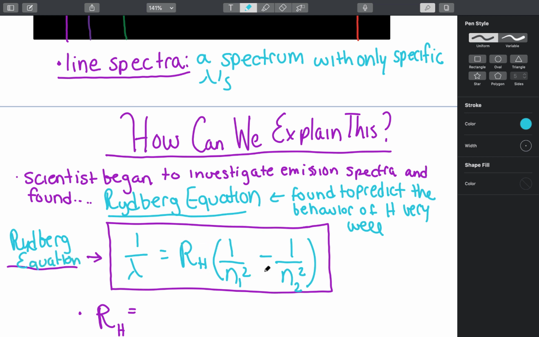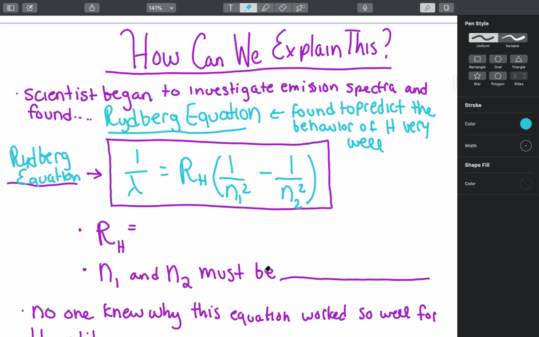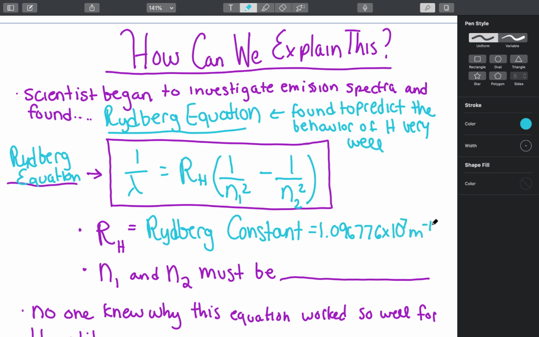And you may be wondering what these different variables mean. RH is known as the Rydberg constant. And the Rydberg constant is equal to 1.096776 times 10 to the 7th meters to the negative 1.